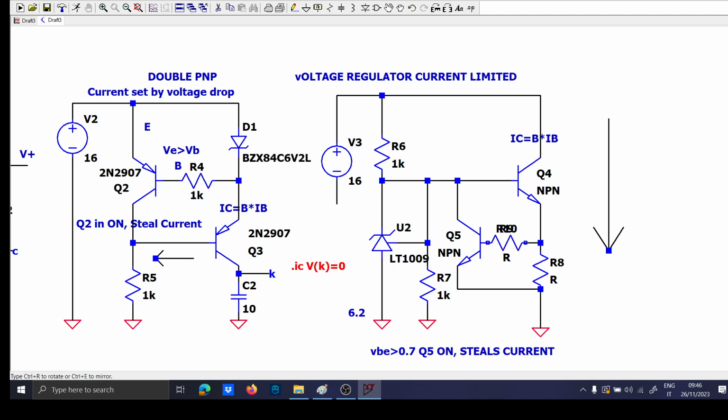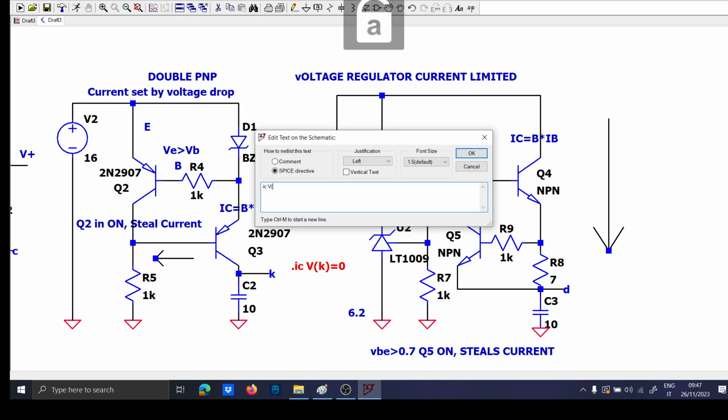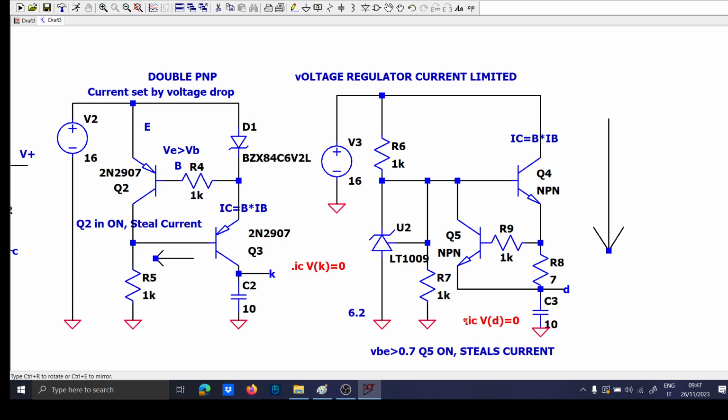So we put 1 kilo ohm here just as a base resistor, and the resistor R5 is the protagonist of the circuit here. So let's put, for instance, 7 ohms, and then I will show you how to design correctly. Let's put again 10, and let's call this node D, okay? And let's say that IC of VD is equal to 0 again.